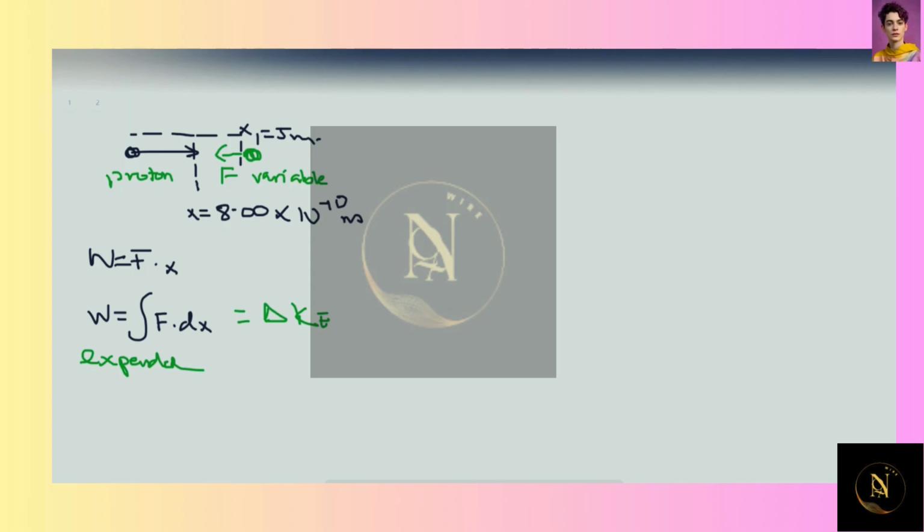If you do the integral, we want to find the speed when the gap between the uranium and the proton is 8.00 times 10 to the negative 10.